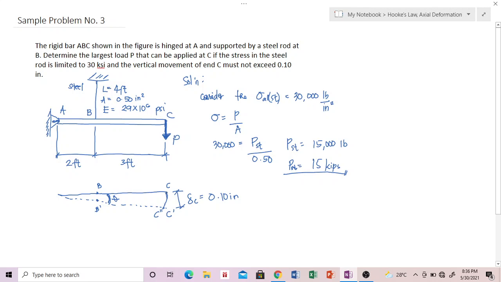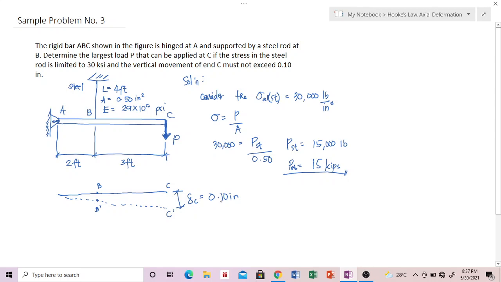So it is not directly below the original point C in reality. But since theta is very small and unnoticeable, it is almost a straight line downward. So in this problem, we are going to assume that the displacement is vertically downward, directly below C. This is now our effective final position of point C after the load is applied.